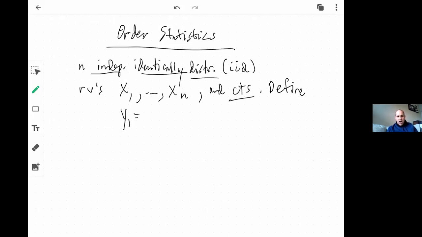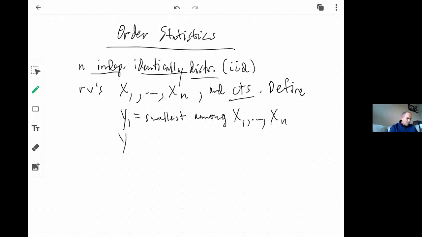So you're going to define Y1 to be the smallest among X1 through Xn. And by the way, that is well defined, because you know that the probability of any of them being equal is 0.